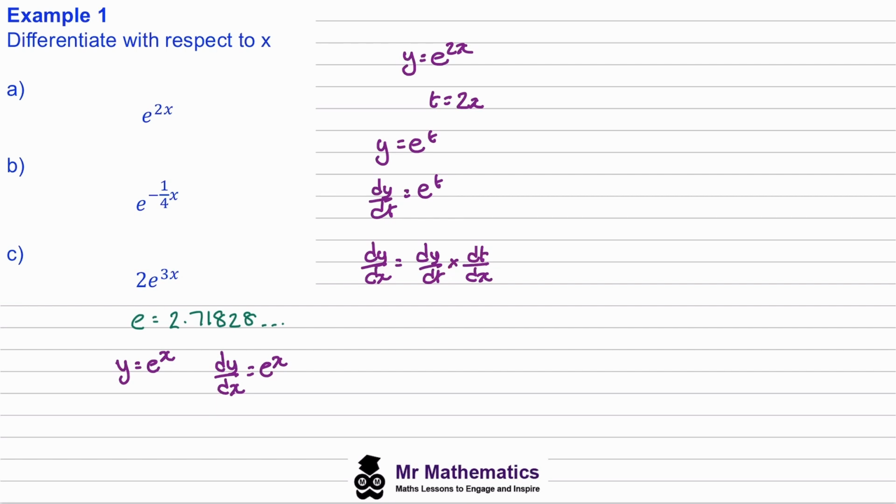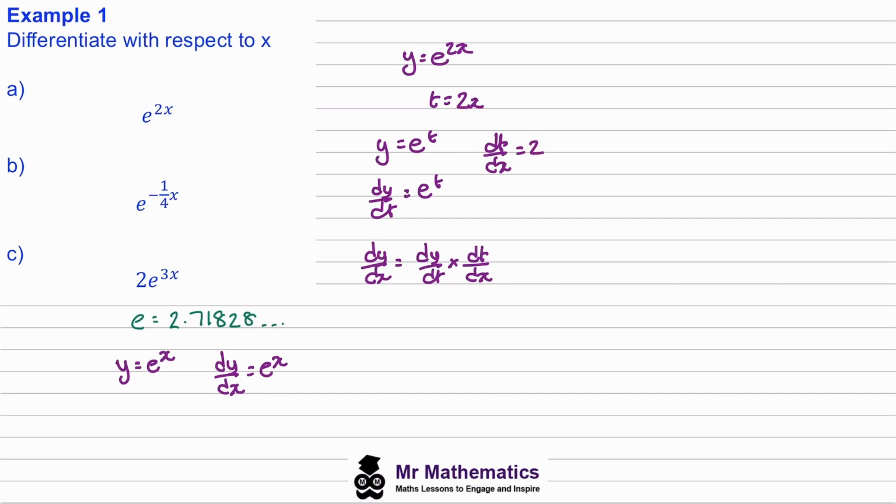So what we're left with is dy by dx. So now we need to multiply dy by dt by dt by dx, and we can work this out quite easily by differentiating this with respect to x. So dt by dx will simply be equal to 2.